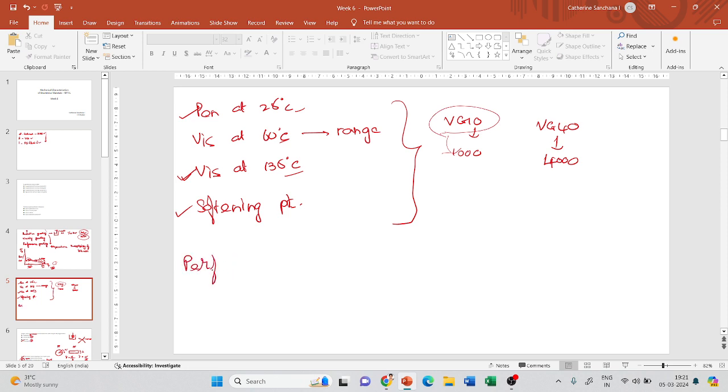what they actually did is, instead of identifying a few temperatures and finding the behavior of bitumen at those temperatures, because I'm measuring the behavior of bitumen at 60 degrees Celsius, but my pavement temperature may be 70 degrees Celsius, right?